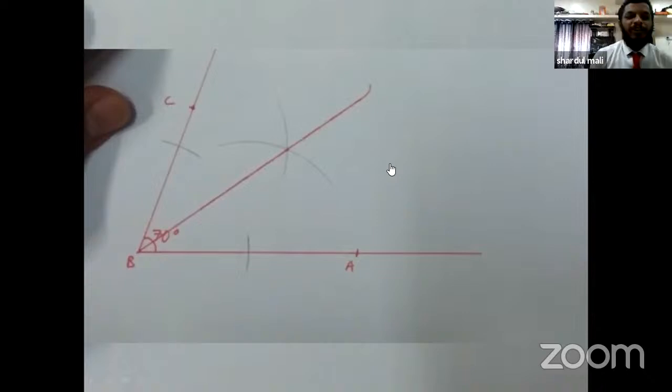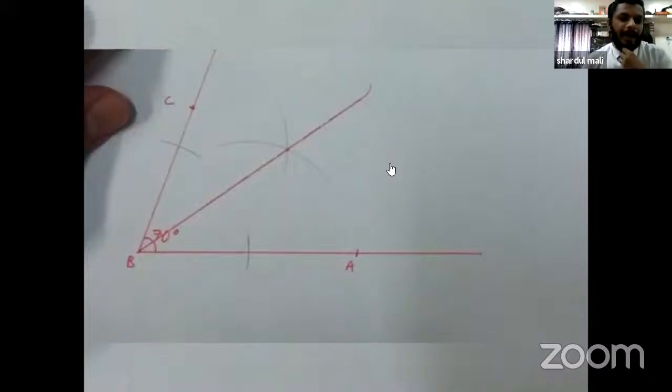We can see easily the angle bisector of the angle ABC. In the diagram, the measurement of angle ABC is 70 degrees, and after making the angle bisector, we get two angles of equal measurement, that is 35 degrees and 35 degrees.